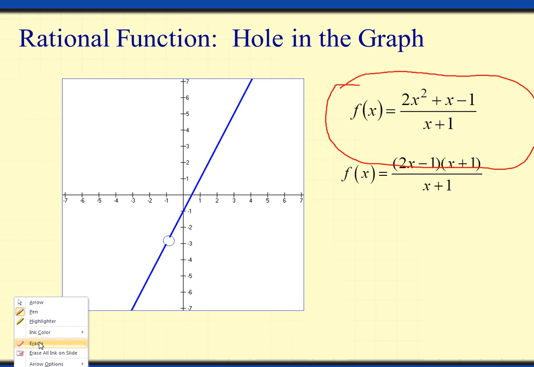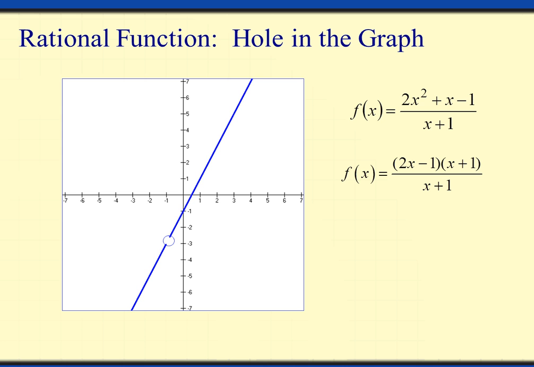You see when we factor 2x squared plus x minus 1, we get 2x minus 1 divided by x plus 1. And so when we cancel those x plus 1s, we just simply get f of x is 2x minus 1, which would be a straight line.